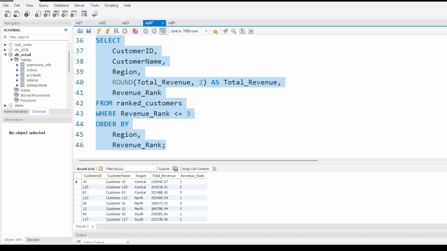This is a very useful SQL pattern for questions such as top 3 customers per region, top 5 products per category, or top 3 employees per department. If you understand partition by and window functions, you will be able to solve many advanced data analyst interview questions like this one.